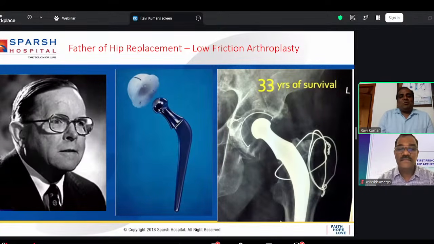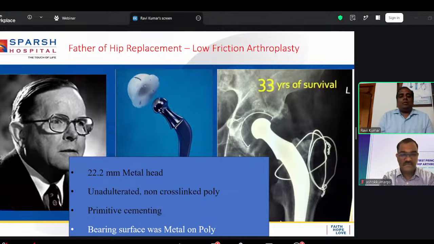Yeah. So all of us know the father of hip replacement, with the philosophy of low friction arthroplasty, John Charnley, and the stem used for every problem was a cemented stem. And many follow-up studies have shown beyond doubt that it has worked beautifully.